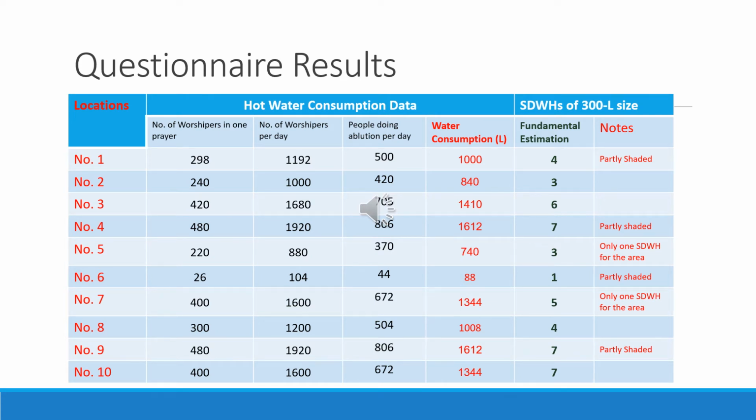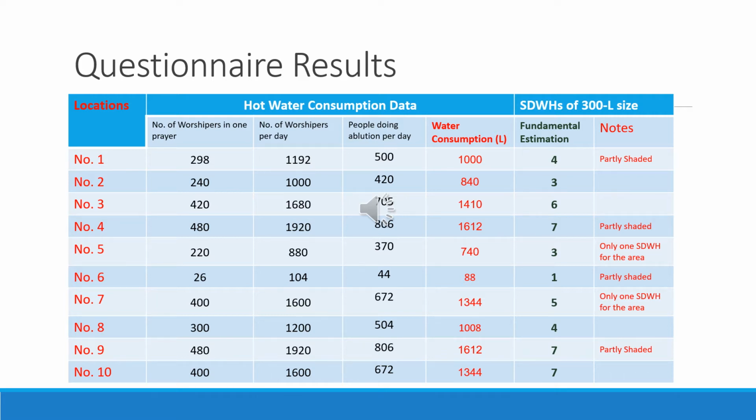In this slide, we can see the questionnaire results and the data collected by the questionnaire. The estimations relied on the questionnaire data: the water consumption and the fundamental estimation of the solar water heater number, as we see on the right.